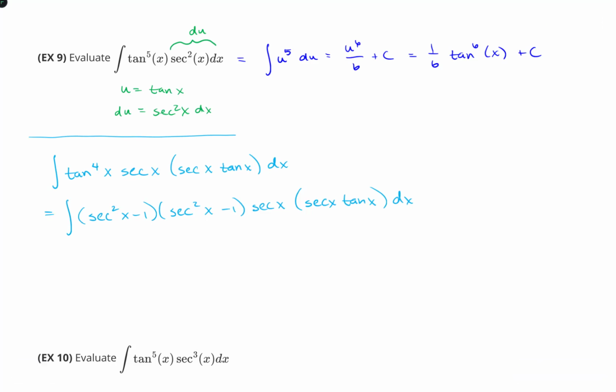Now, here's where things get trickier, because I have to distribute and multiply these through, which isn't going to be too bad, but it's certainly not desirable. And then I have to factor this factor of secant back into the resulting trinomial. Then I could use u substitution, and I would arrive at an answer.